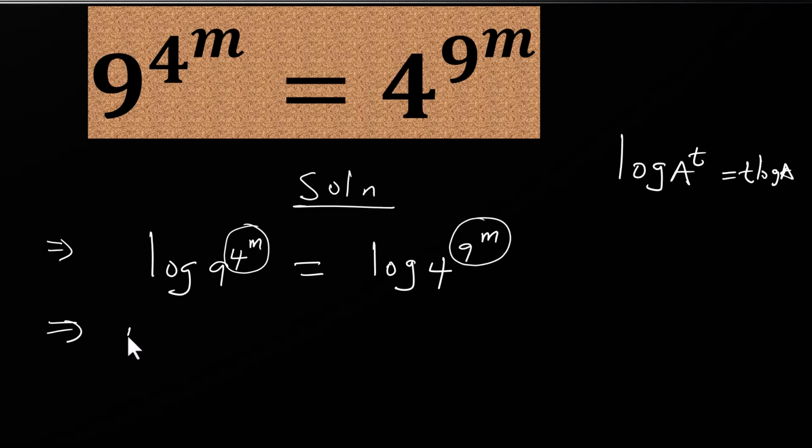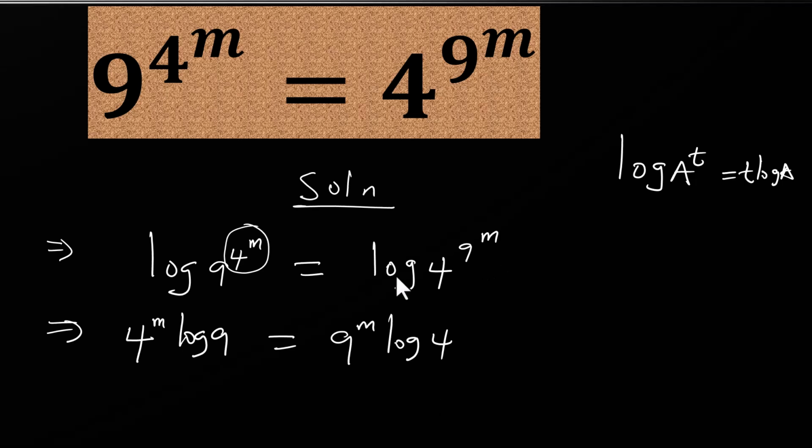So I'll have 4 to the power m log 9 equals 9 to the power m log 4. All right. Now let's observe the relationship between 4 to the power m and 9 to the power m.